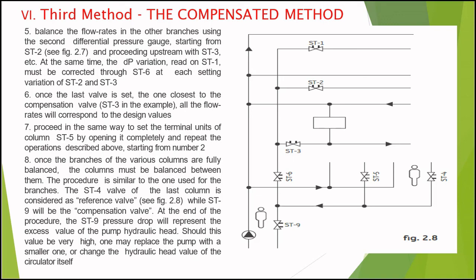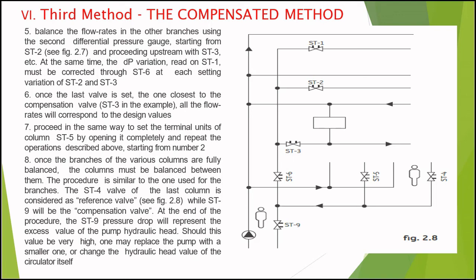The ST4 valve of the last column is considered as the reference valve, while ST9 will be the compensation valve. At the end of the procedure, the ST9 pressure drop will represent the excess value of the pump hydraulic head.